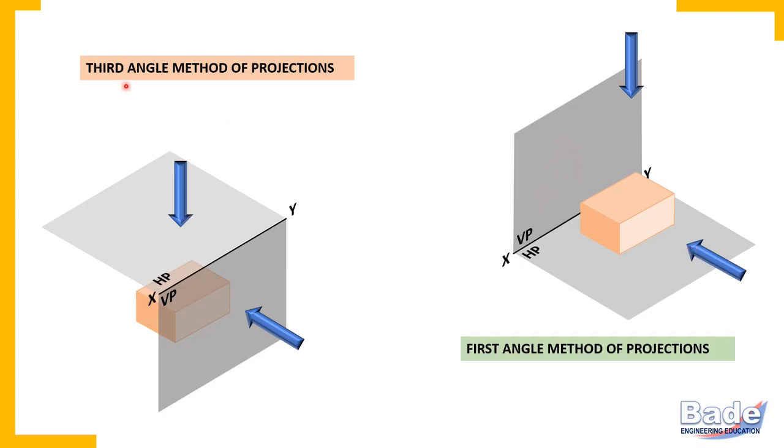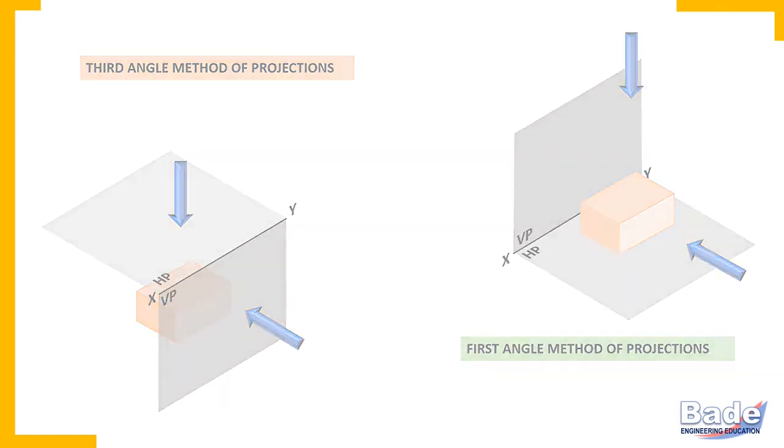But in the third angle method of projection, reference plane is in between observer and object. Check again. Observer and object, in between these two, the reference plane is. In subsequent videos, we are going to use first angle method of projection. So we'll focus on first angle method of projection now.